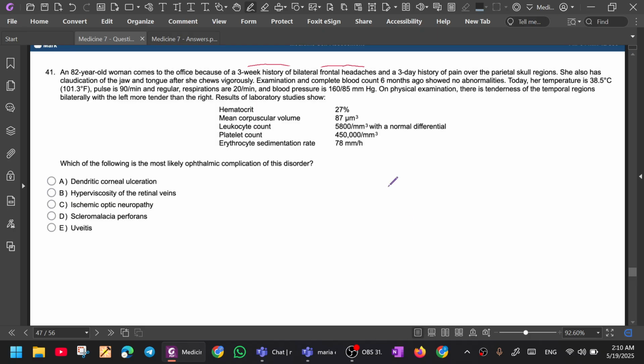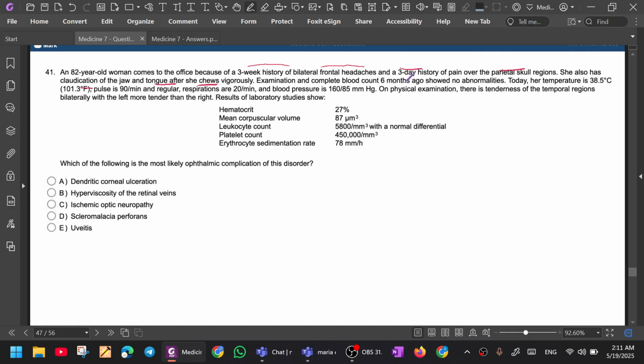Okay, an 82-year-old woman comes to the office because of a 3 week history of bilateral frontal headache and 3 day history of pain over the parietal skull regions. She also has claudication of the jaw and tongue after she chews vigorously.